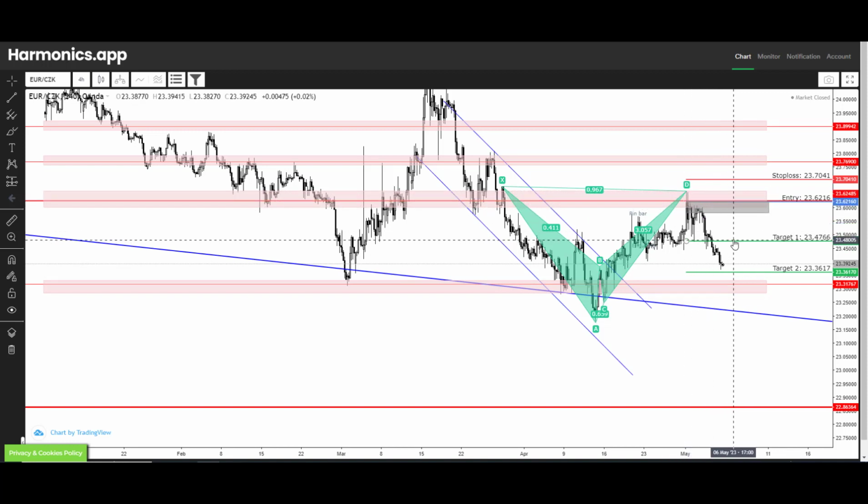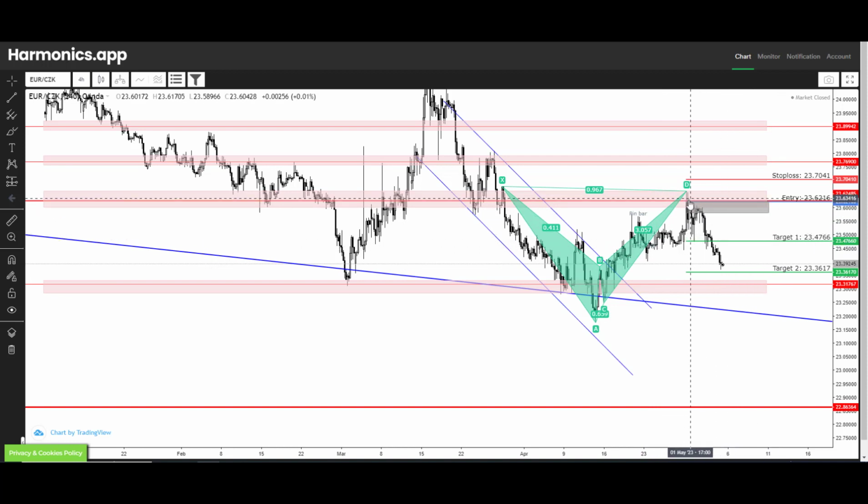So for the first resistance level, this one is here, which is a great signal. This means there is a high chance that the price will not reach some kind of hard resistance that will be hard to break, in this case to the downside. So these are great signals. That's why it is highly likely that this bat pattern will also reach target 2.